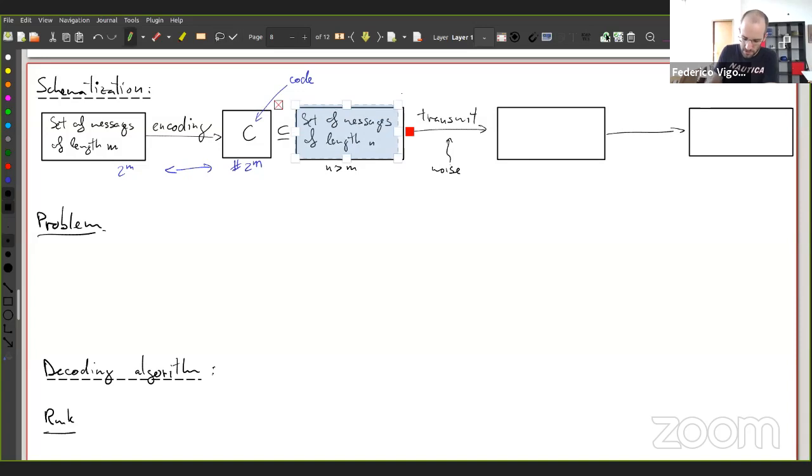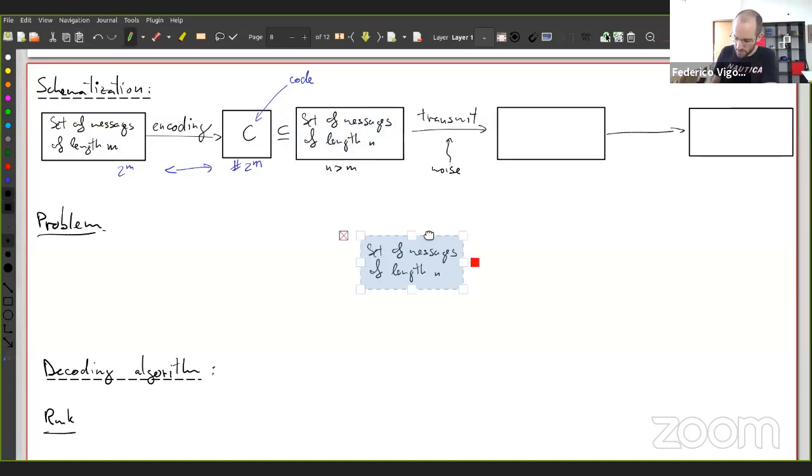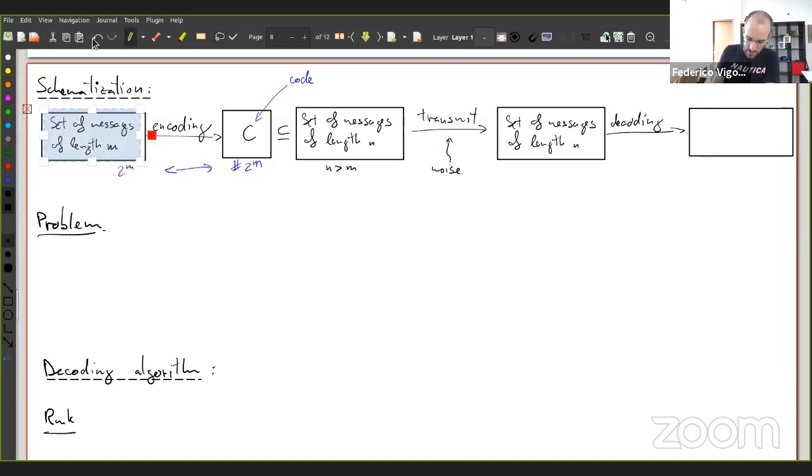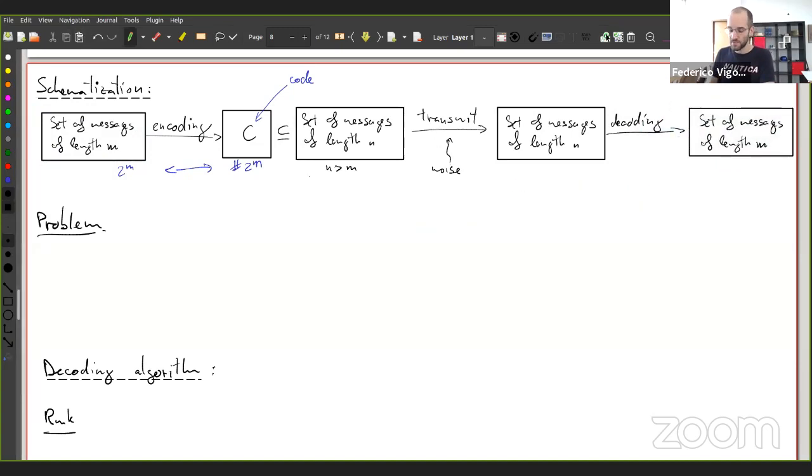But no matter what, we end up again in the set of messages of length n. At this point, we want to do some decoding, which brings us back to the set of messages of length m. And we hope this procedure to be robust. That is the specific problem we want to solve.